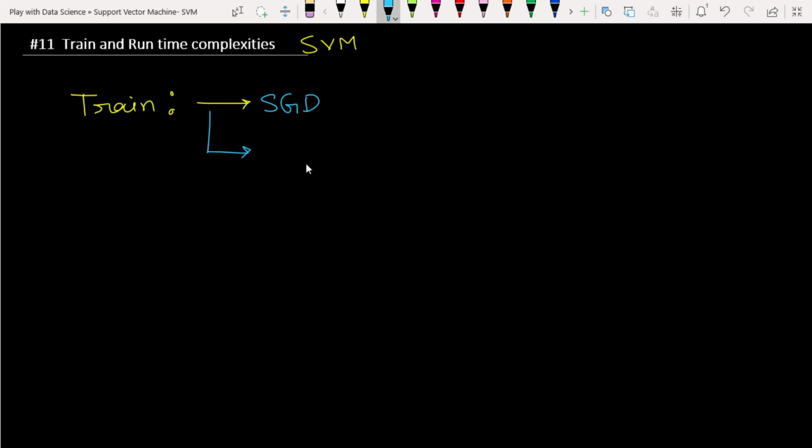The specialized algorithm is coming from our dual equations.